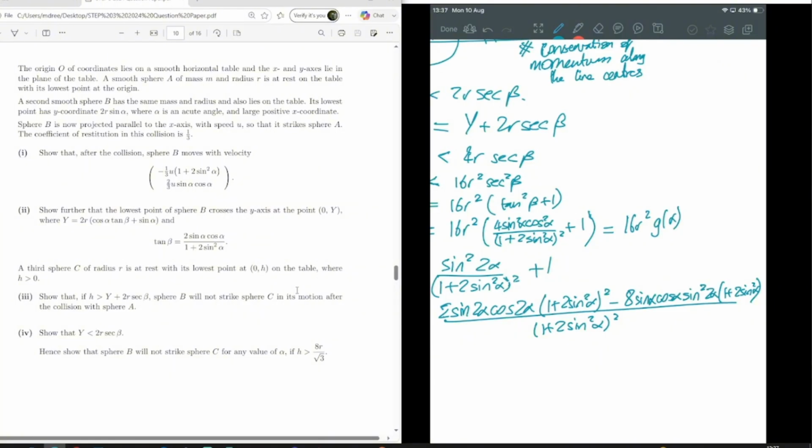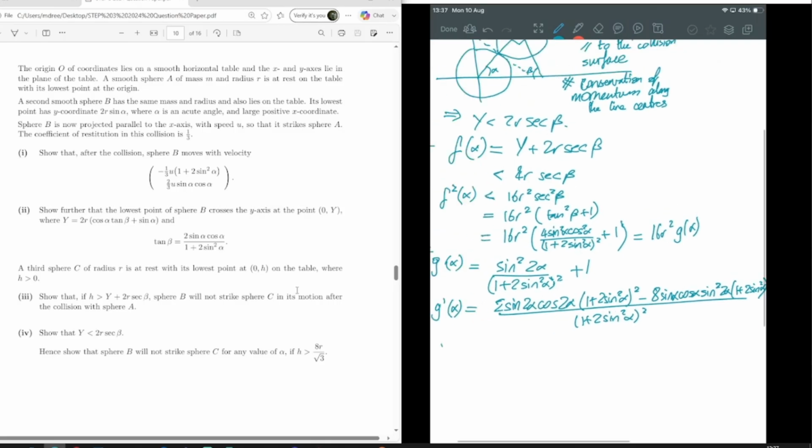Just going to very quickly mentally check that I haven't done anything silly there. First term looked good. Differentiating the second term, I'm popping out an 8 sine alpha cos alpha, yeah. So then g dashed of alpha equals 0 when? So some things can cancel out straight away.